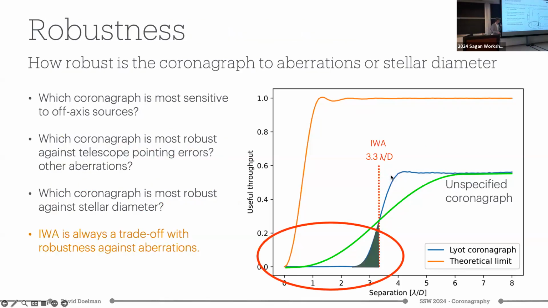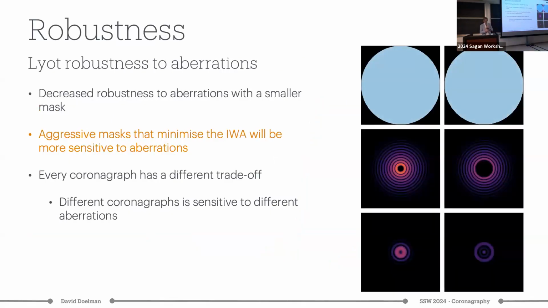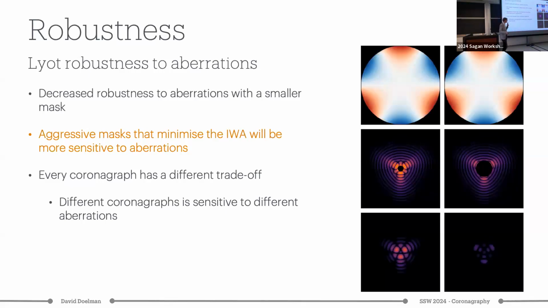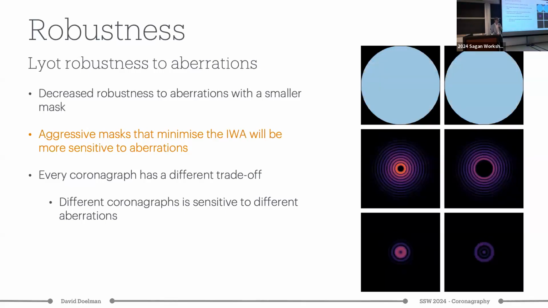And why this local slope is also important is because when there are aberrations like tip-tilt, it's quicker. Like a lot more light might leak through here because of these aberrations. So this is robustness. How robust are you against aberrations? And so to show this, I have actually simulated two LEO masks. One is small, one is large, and I put in some aberrations, the Zernike modes that Eva talked about.